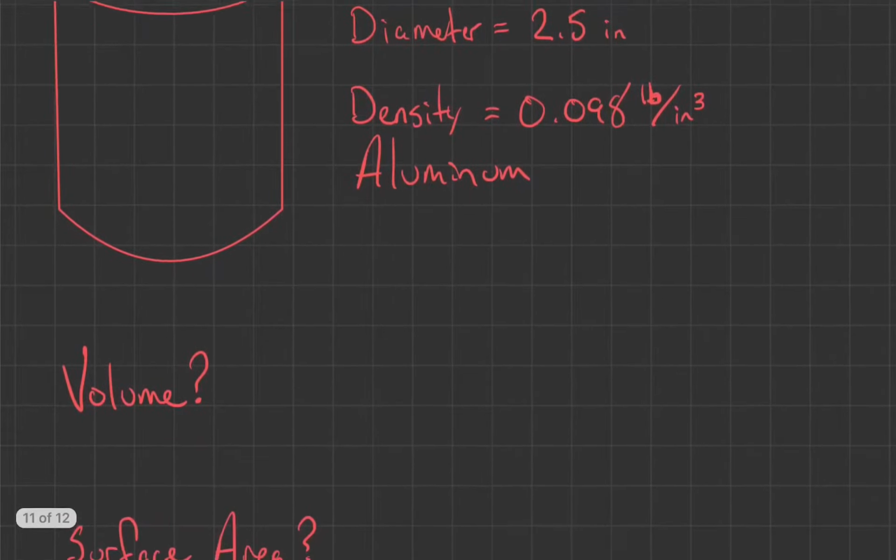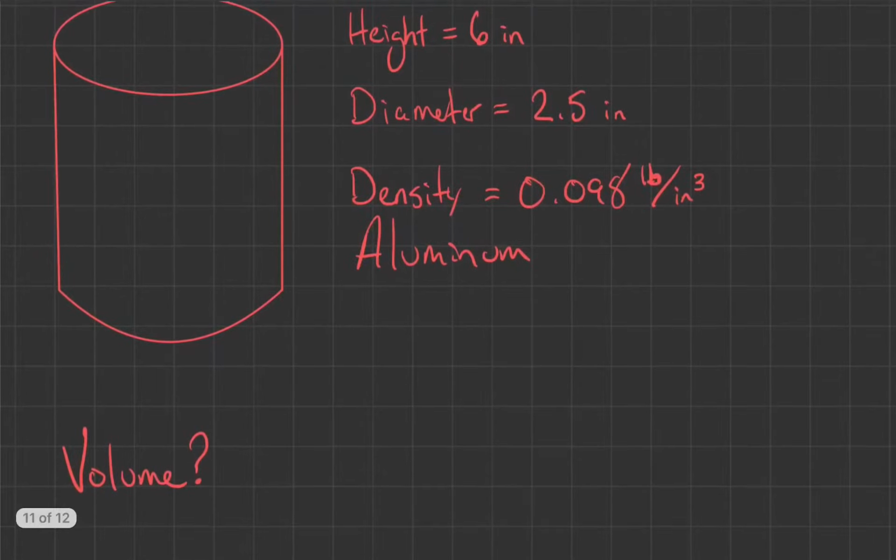Okay, so if you recall, the volume of a cylinder is going to be equal to pi r squared, which is our cylinder's circle's area, and then we're going to multiply that by its height.